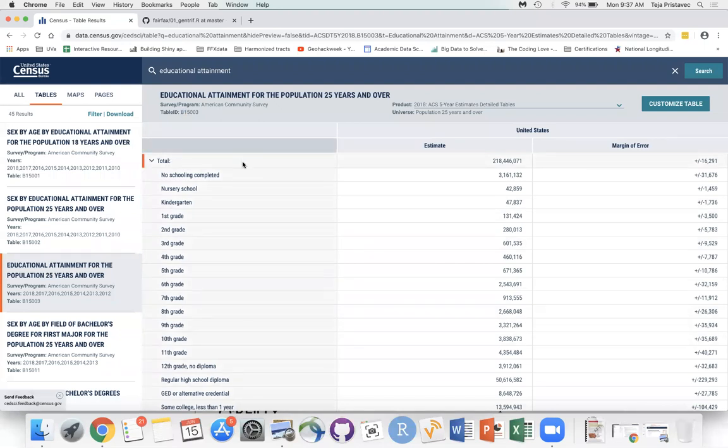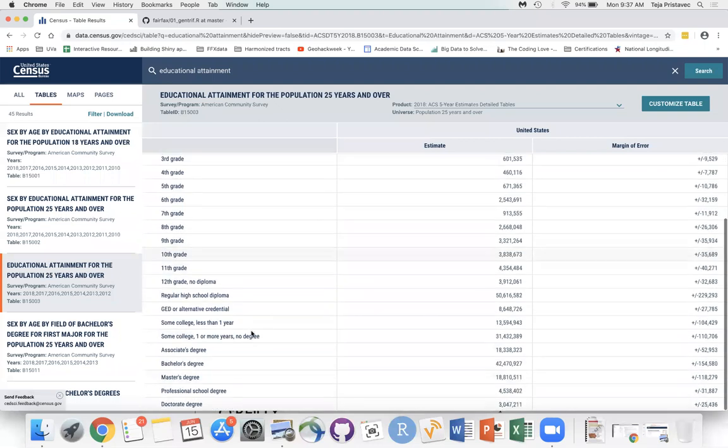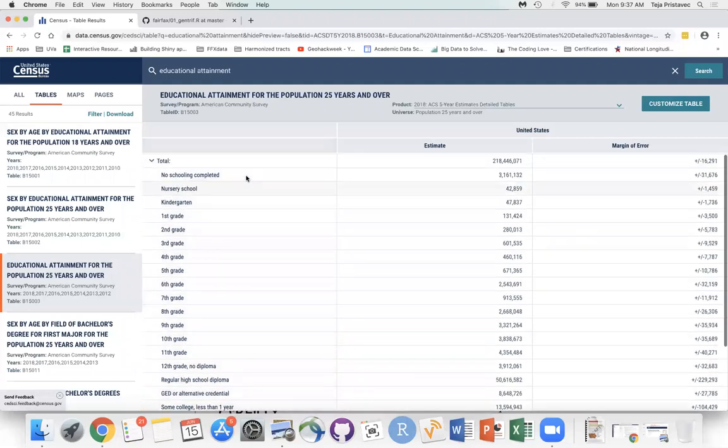So this would be B15003 underscore 001. This one will be B15003 underscore 002 and so on, right? And let's say that this is the 20th row. So this would be underscore 020. Okay, so that's how we know which row corresponds to which category here.